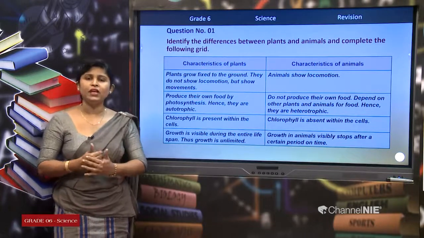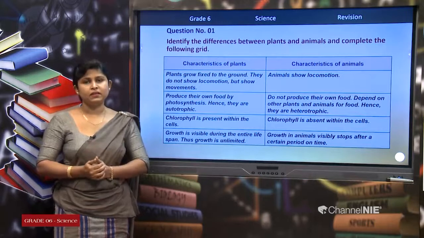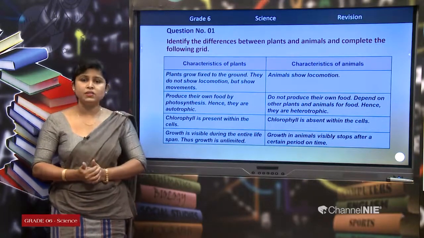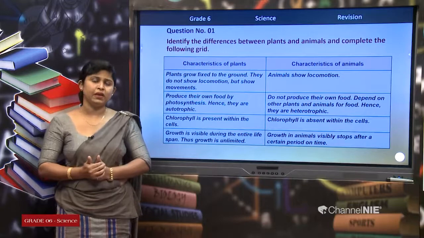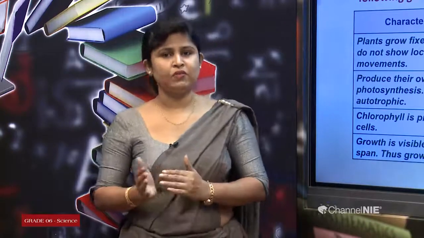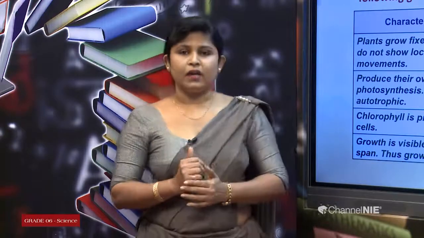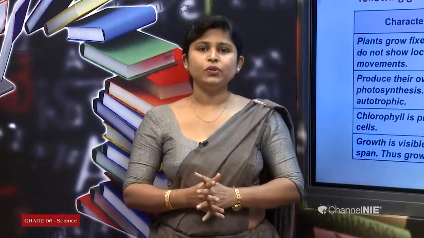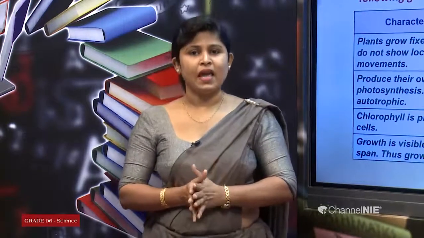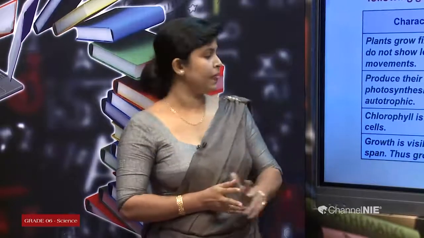But when we think about animals, their growth is limited. It stops after a certain period of time. Right. Now, by looking at this table, you can understand the differences between plants and animals, and I am sure that you will be able to compare them in a suitable way.